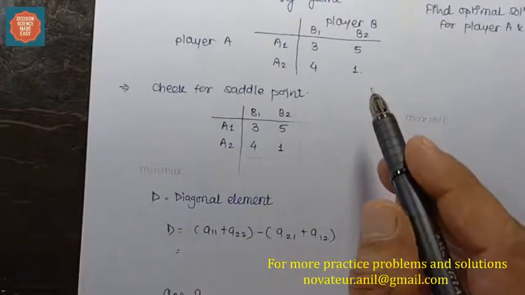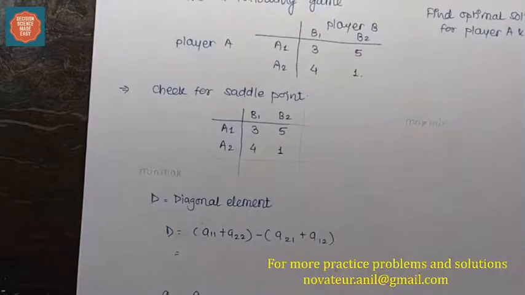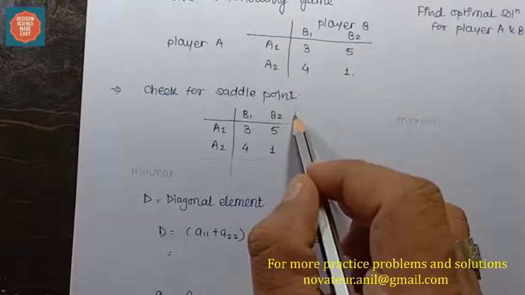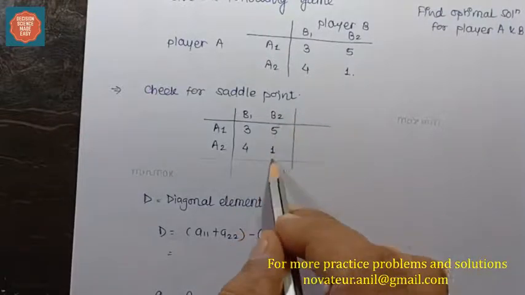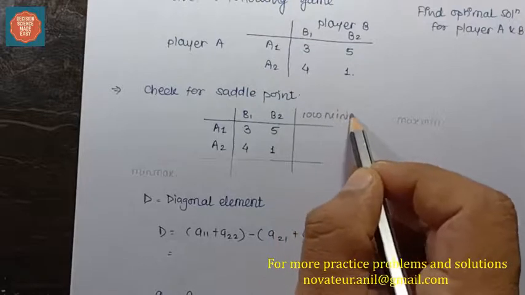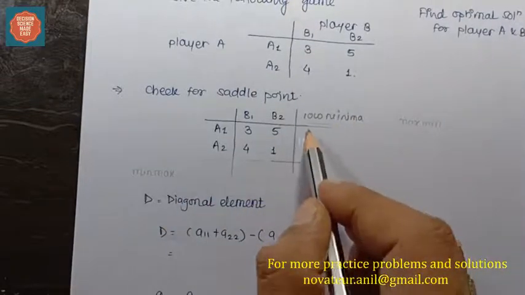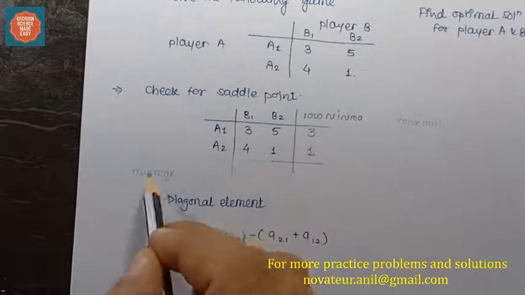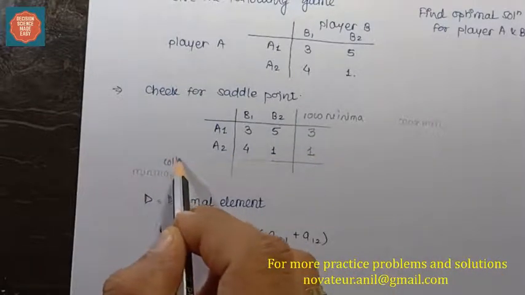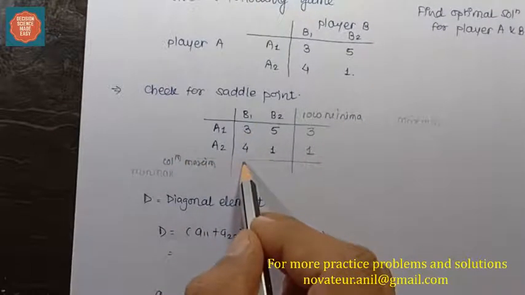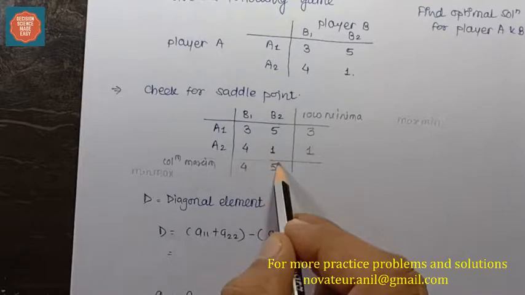So here the problem is given. First thing, we need to check whether there exists a saddle point or not. In order to find the saddle point, the formula is very simple. I am going to find the row minima, so I have to find the minimum element from each row, that is 3, and here it is 1. Here it is the column maxima, so in the column I have to find the highest element, that is 5.